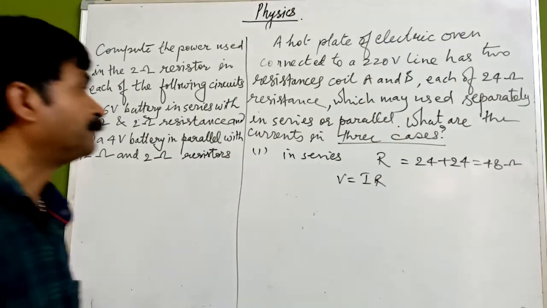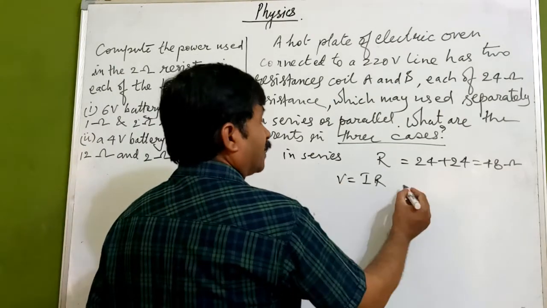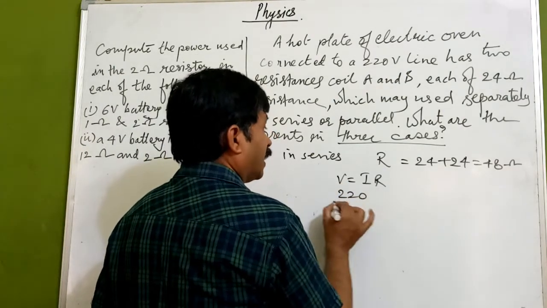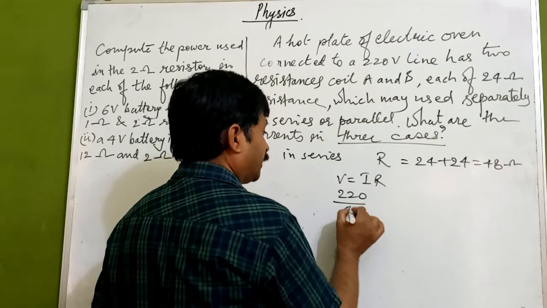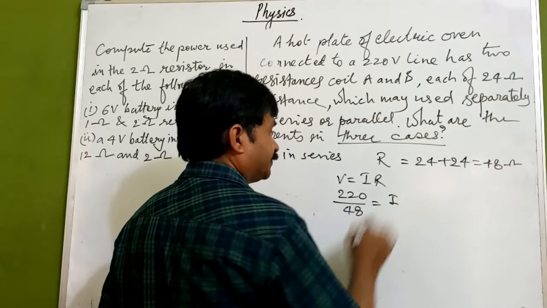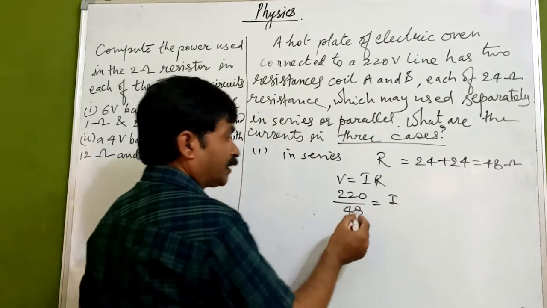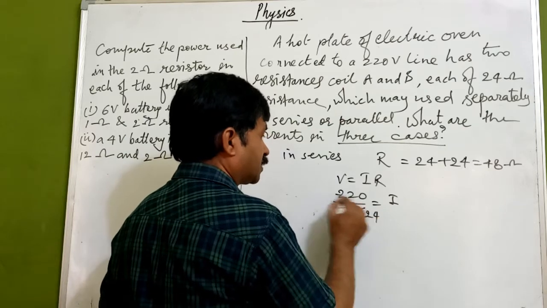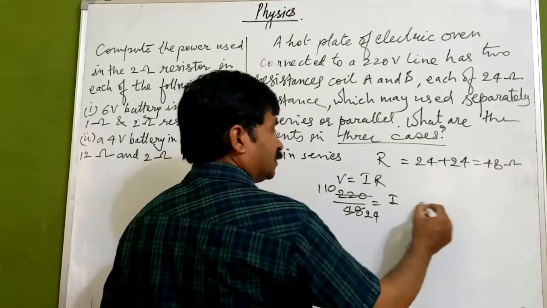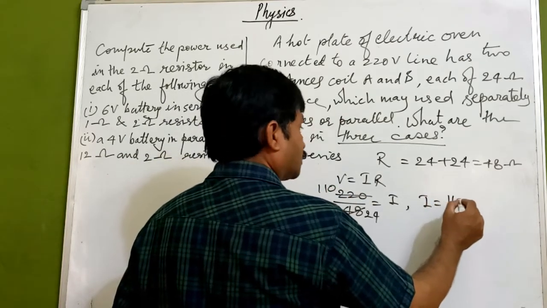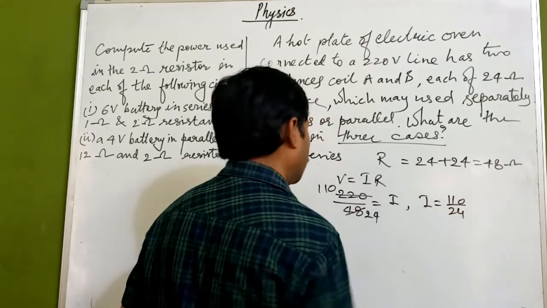Ohm's law is applicable. So here V is 220, R is 48, and this is I. Now we can calculate 24 times 11, 110. So what we are getting is I equals 110 upon 24.